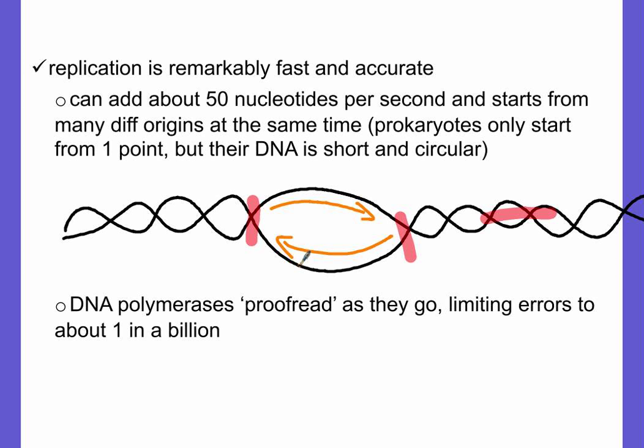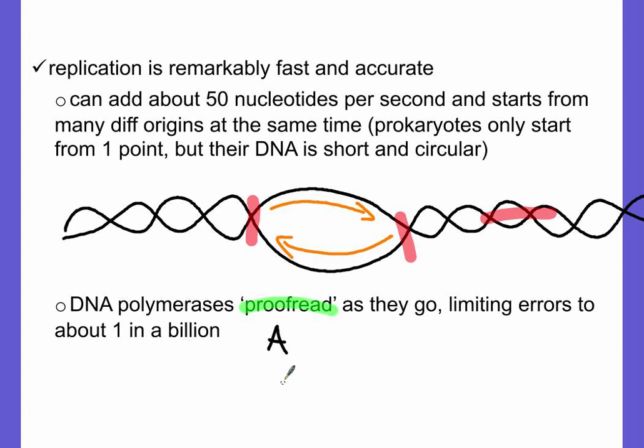The other thing down here, that polymerase is going to proofread for you, which is pretty important. Only about 1 in a billion mistakes doesn't get fixed. So every once in a while, you'll have those base pairs going, and you'll have an A that goes with a G by accident.